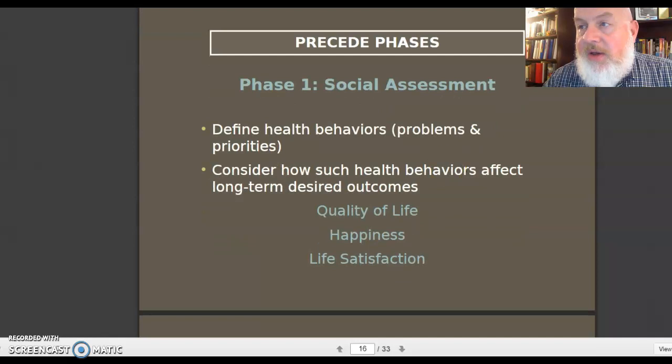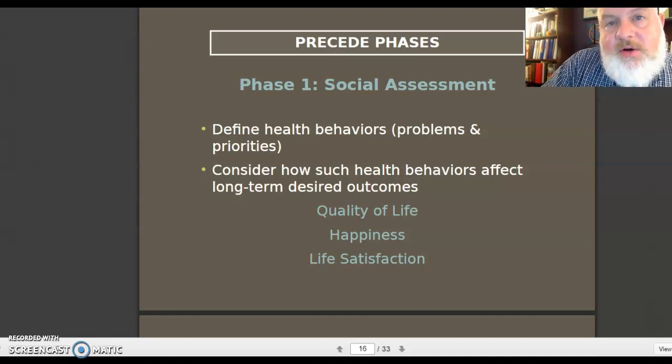And so you have some phases. Your phase 1, your social assessment, you're going to define your health behaviors, your problems and your priorities. You kind of did that with your statement of a problem. You're going to consider how these health behaviors affect long-term desired outcomes, such as quality of life, happiness, and life satisfaction.